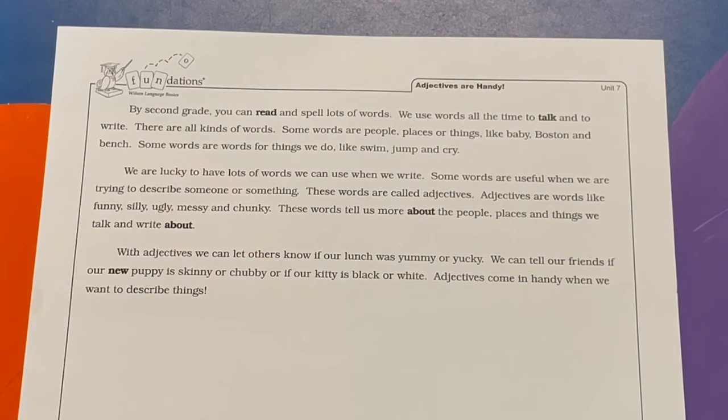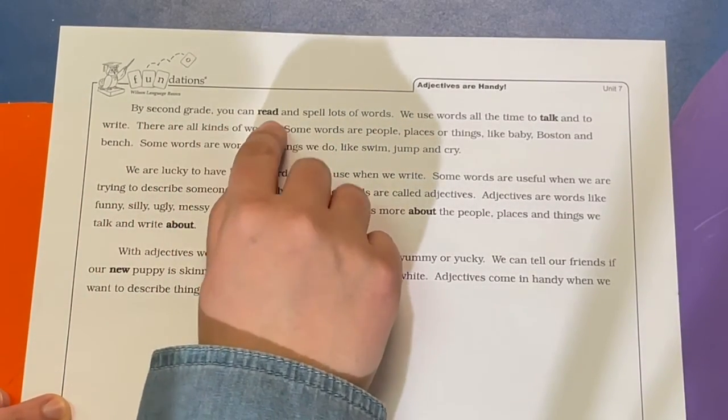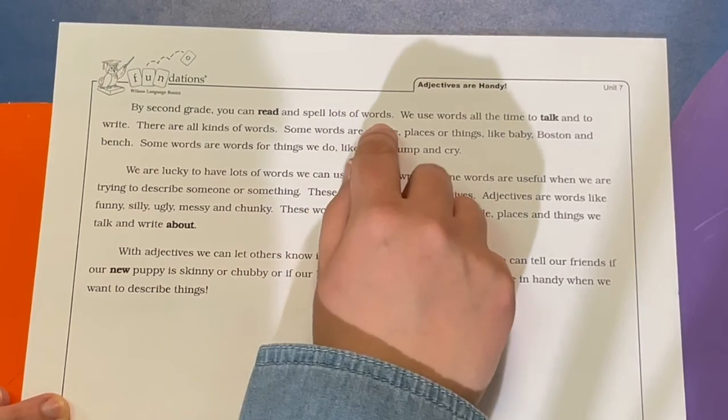Let's read the passage together and then we'll talk about it. I'll read it first, and then I want you to pause the video and try to read it to yourself again. This will help with your reading and your fluency. Here we go. By second grade, you can read and spell lots of words.